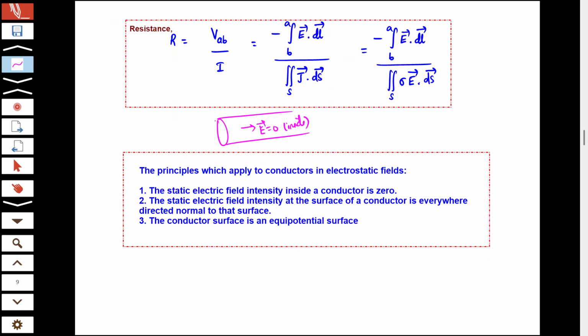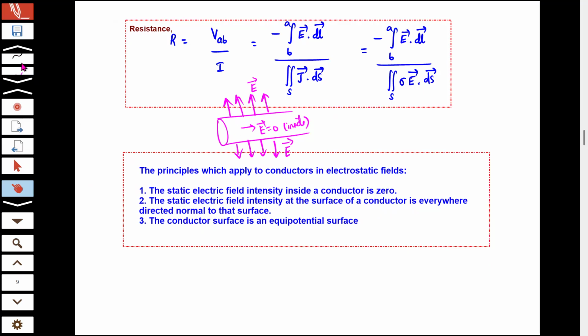Usually the electric field will be perpendicular to the surface of the conductors. So usually electric field will be perpendicular to the surface of the conducting material. That is because the charges are present only on the surface of the conductor. That is the second point which is given. The static electric field intensity at the surface of the conductor is everywhere directed normal to the surface.